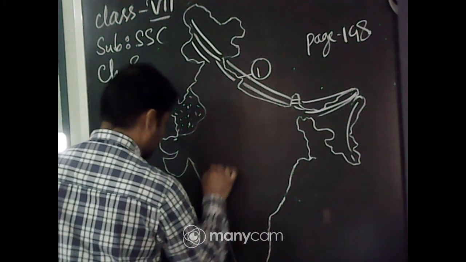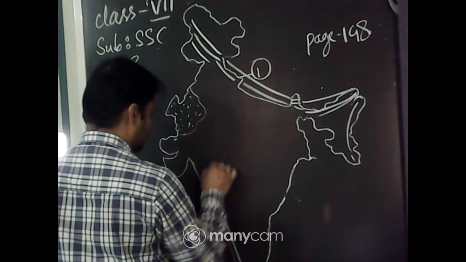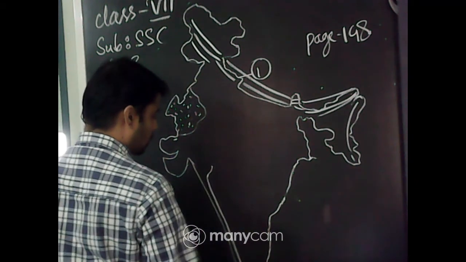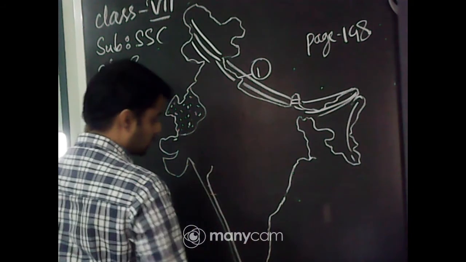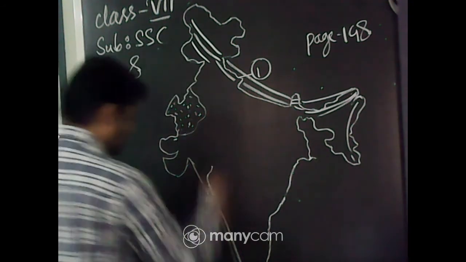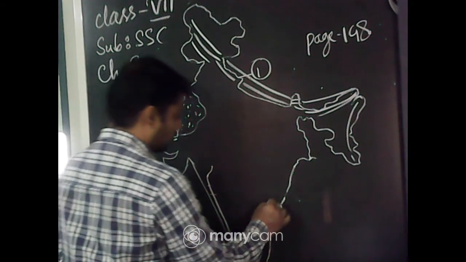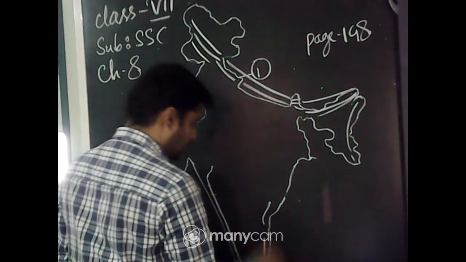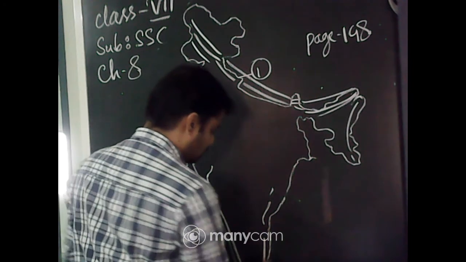Next one is the Western Ghat mountain range. It is a long mountain range. Some passes are also there, but it continues from one place to another throughout the western coast of India. And the Eastern Ghat also is divided into some portions in this way.